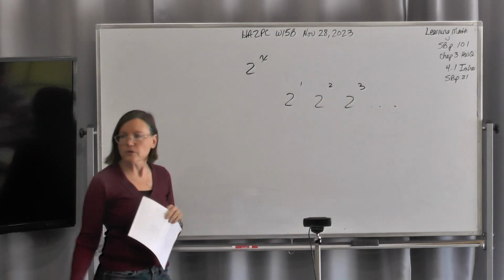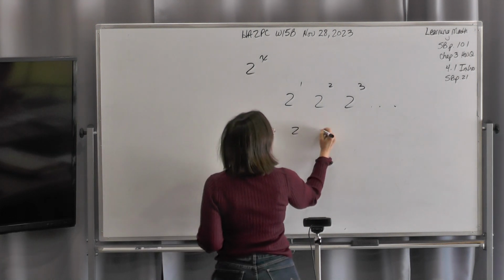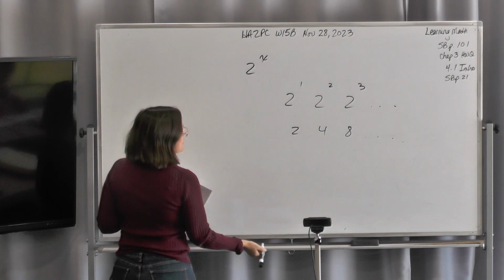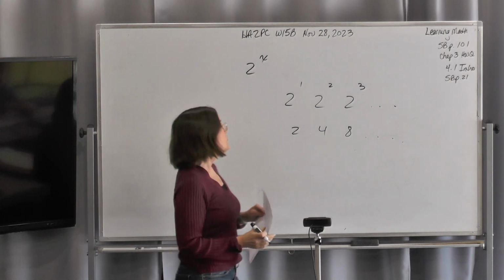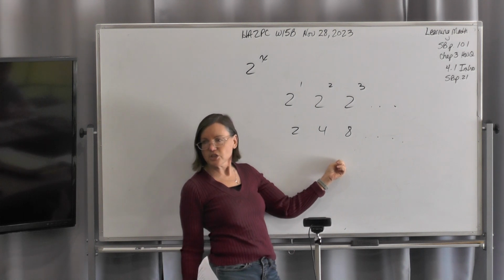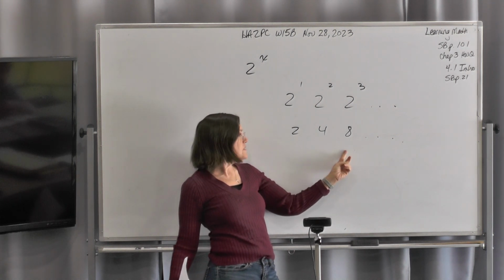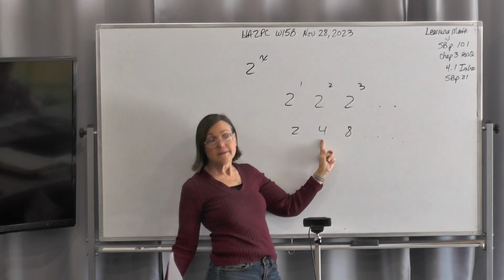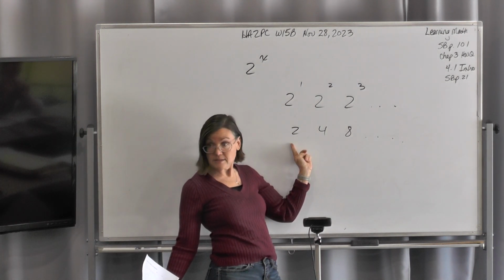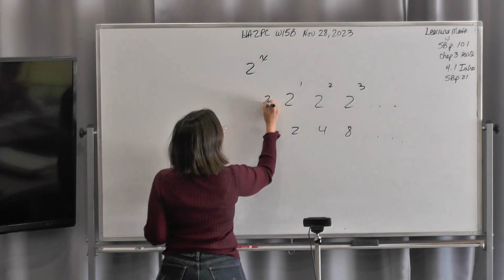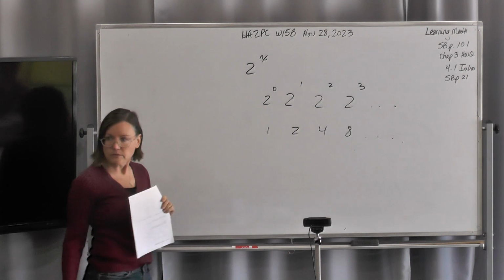We have that kind of growth. This is going to be 2, 4, 8, and so on. Do you guys notice we said that to determine whether something grows exponentially, you're going to take the latest term and divide by the previous one. 8 divided by 4 is 2. 4 divided by 2 is 2. 2 divided by 2 is 1, which is what justifies that rule, right?